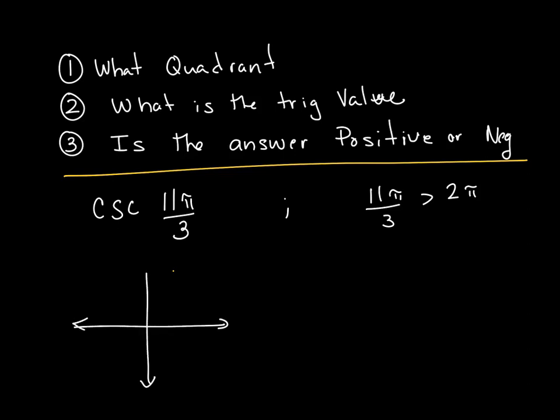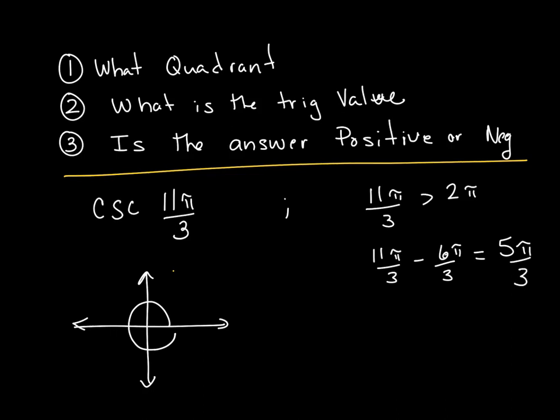So let's first find that matching terminal angle. One time around is 2 pi. So what is left would be 11 pi over 3 minus 2 pi. And 2 pi is going to take the form of 6 pi over 3. So then you are left with 5 pi over 3.